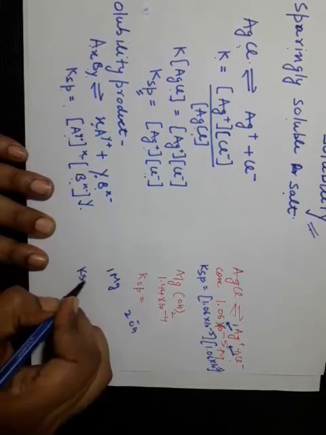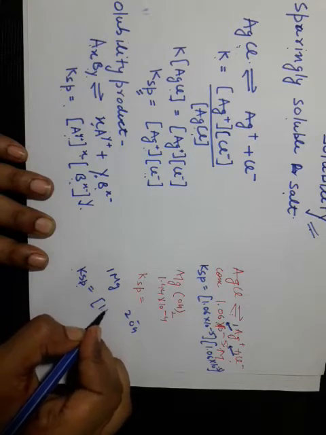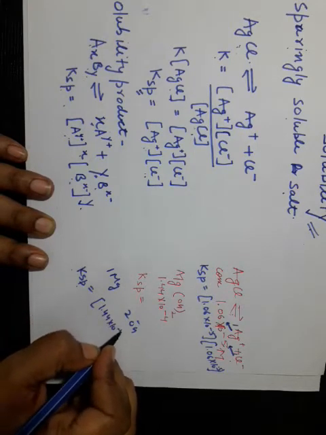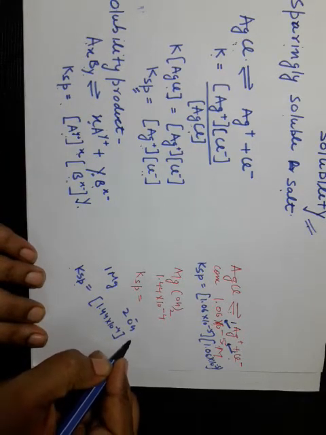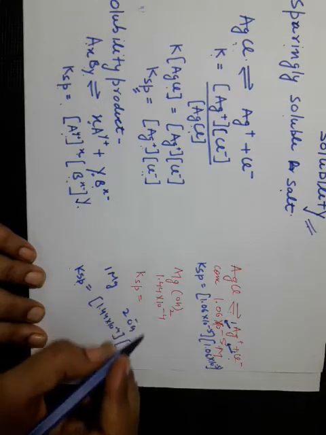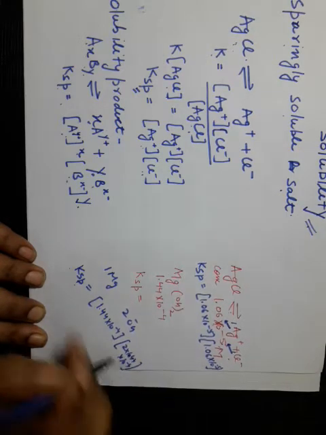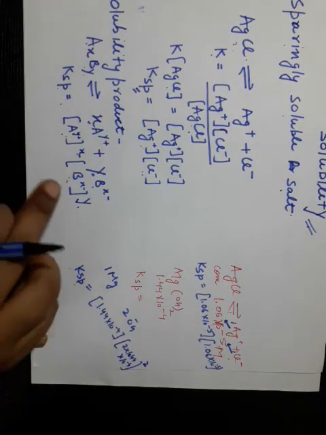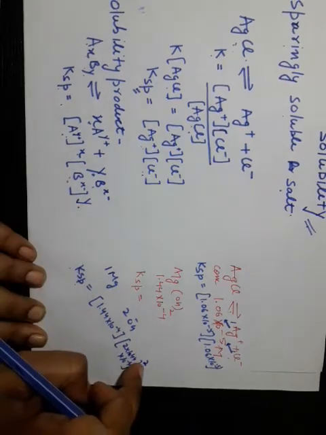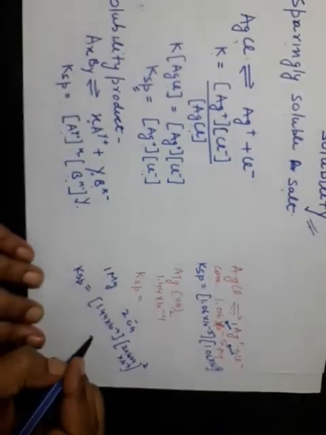So Ksp, the solubility constant, is equal to the product of concentration of magnesium ion and the concentration of hydroxyl ion, which is twice in number, 2 into 1.44 into 10 to the power minus 4, to the power 2. The ions form in double amount and are raised to the power of their stoichiometric coefficients. That is all about the solubility product.